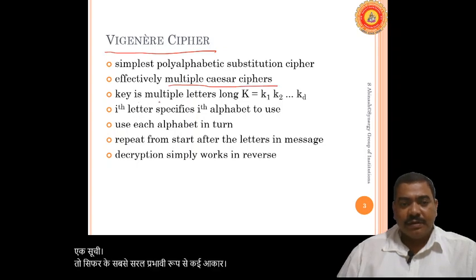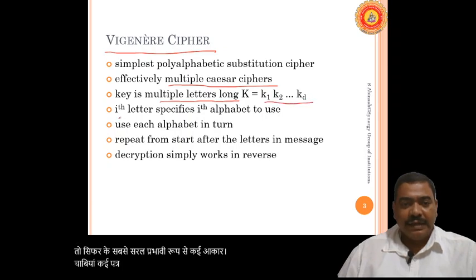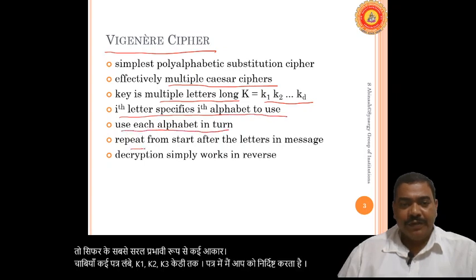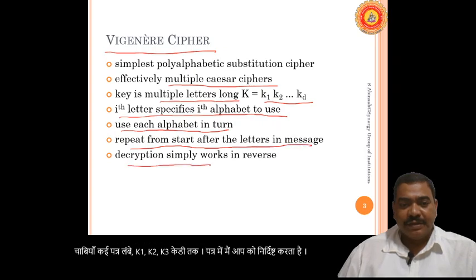The key is multiple letters long, K1, K2, K3 up to Kd. The ith letter specifies the ith alphabet to use. Use each alphabet in turn, repeat from the start up to the letters in the message, and decryption simply works in reverse.